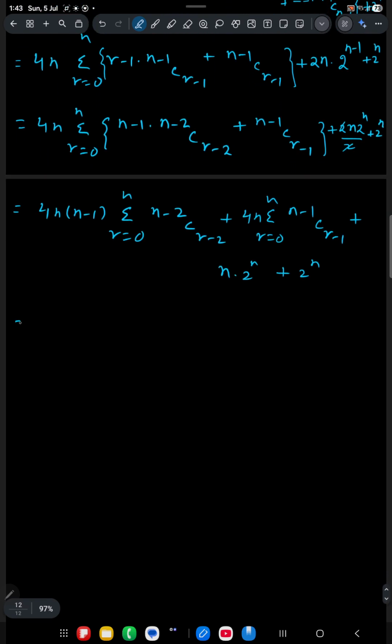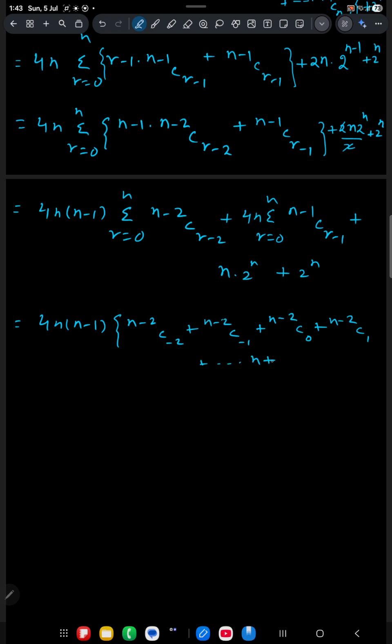Now come again to 4n(n-1). Here the summation also works the same way: (n-2)C(0-2) is -2, plus (n-2)C(-1), then (n-2)C0, (n-2)C1 and so on up to (n-2)C(n-2).